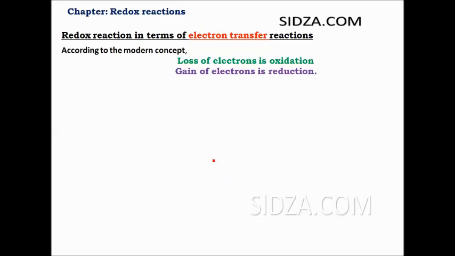The modern concept about redox reactions is based on the electron concept, right? On the basis of the electronic concept, we say oxidation is basically the loss of electrons. This is actually a modern concept, based on electron transfer. When one substance loses electrons, another substance gains.